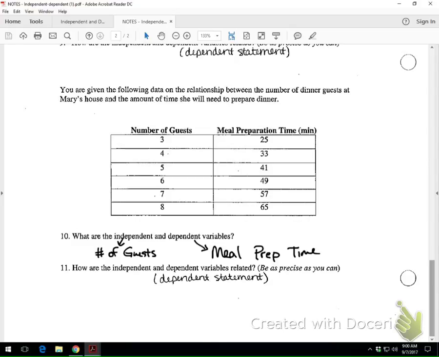Okay, so how do independent and dependent variables relate to each other? There you go, the number of guests affect meal prep time.